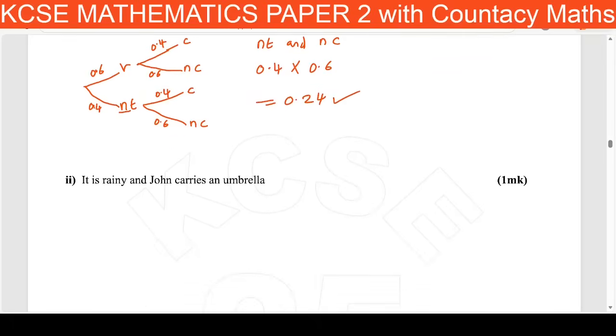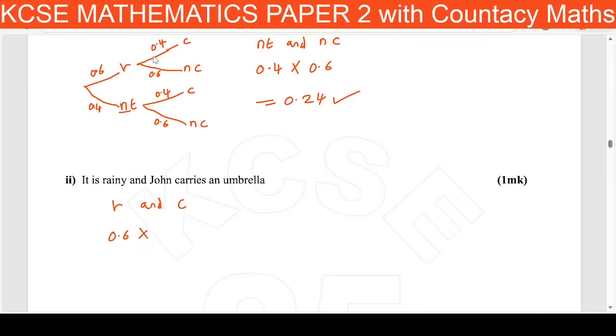The second part of it is telling us it is rainy and John carries an umbrella. Therefore you have to find it is rainy and carries an umbrella. So rainy, it's 0.6.